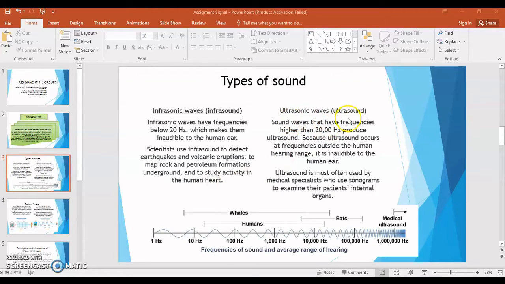For the ultrasonic wave, a sound wave with a frequency higher than 20,000 Hz produces ultrasound. Because ultrasound captures frequencies outside the human hearing range, it is inaudible to the human ear. Ultrasound is most often used by medical specialists who use sonograms to examine the patient's internal organs.